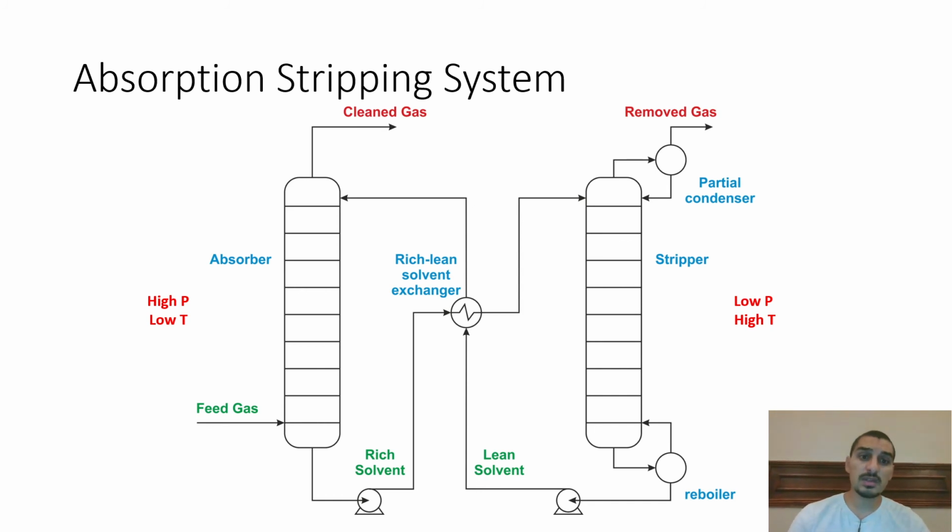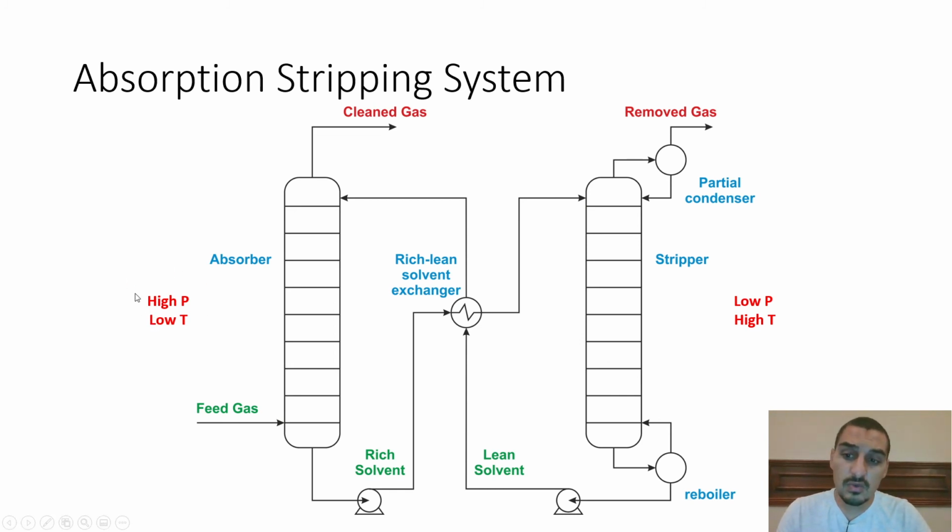And now let's move to the next point, which is the stripping column. What we were just talking about was this column, and I forgot to mention something intuitive: the absorption column should operate at low temperature so that we have high solubility. So this is not surprising.